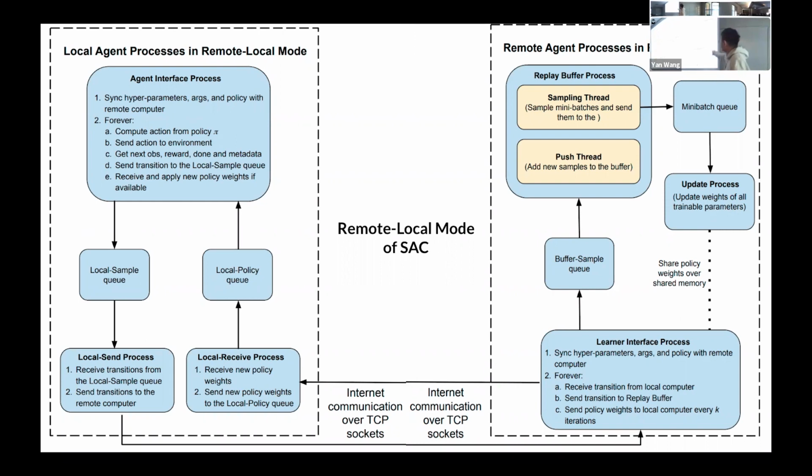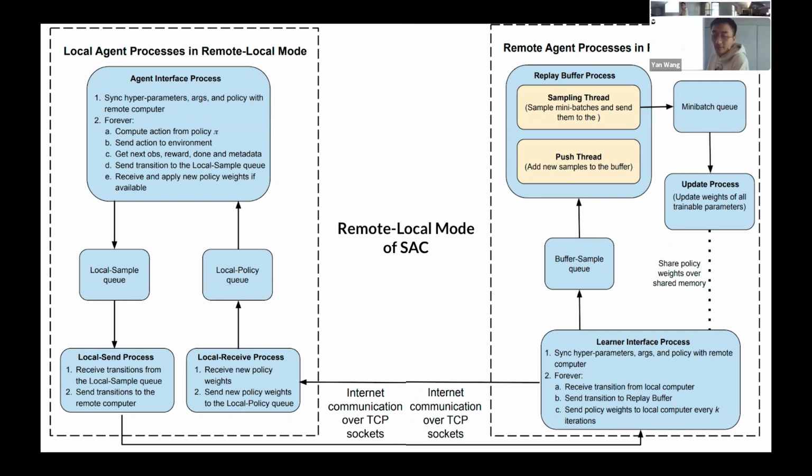The next is the remote agent. It also has three parallel processes. They are named the replay buffer process, the update process, and the learner interface process. The replay buffer process samples experience for learning, and the update process updates the policy with the mini-batch.